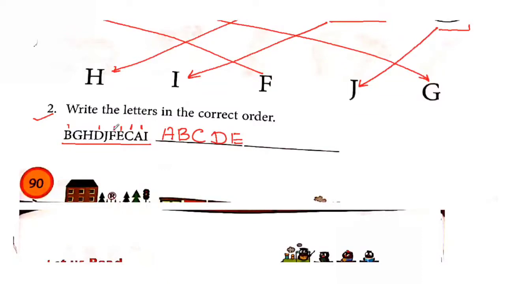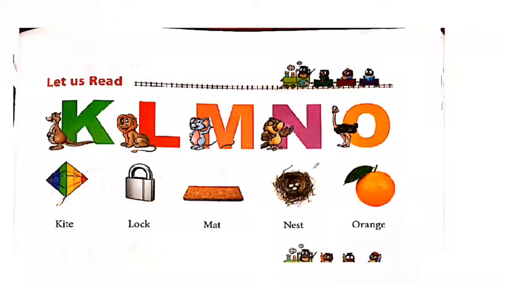F. F for fish. G. G for girl. H. H for horse. I. I for ice cream. And J. So J for jelly. So these are the 10 letters we have learned now. Let's move on to the next letters.